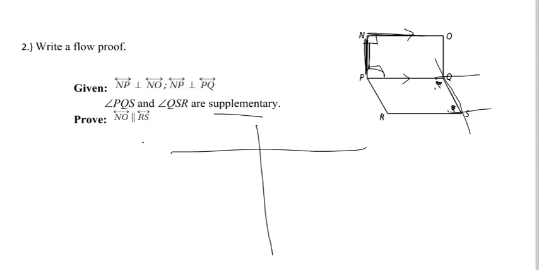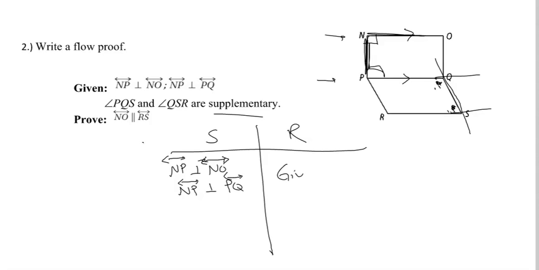Okay. Statements and reasons. First thing I'm going to connect is this one and that one. So I could say NP is perpendicular to NO, and NP is perpendicular to PQ.